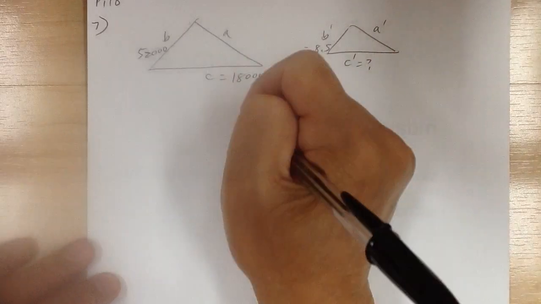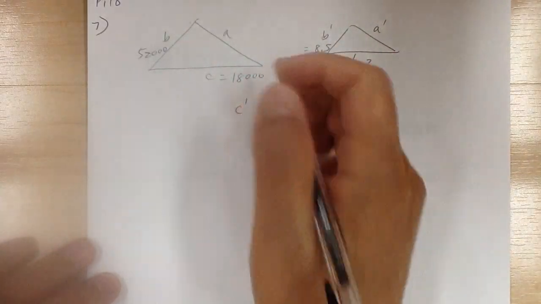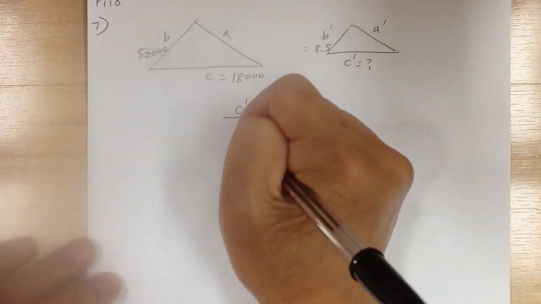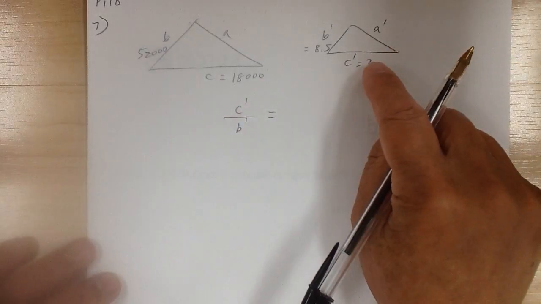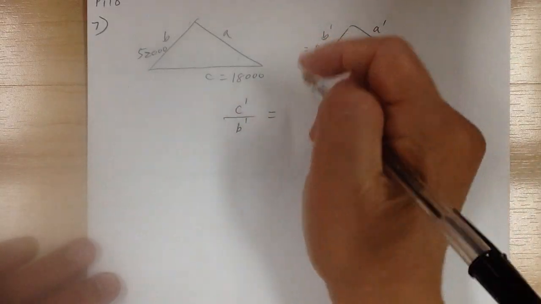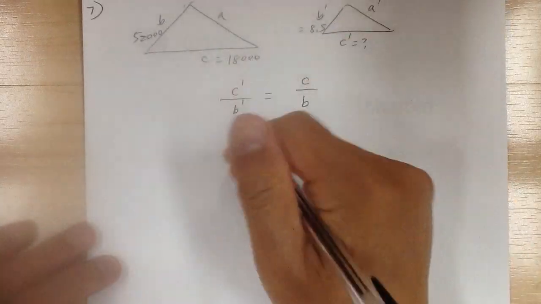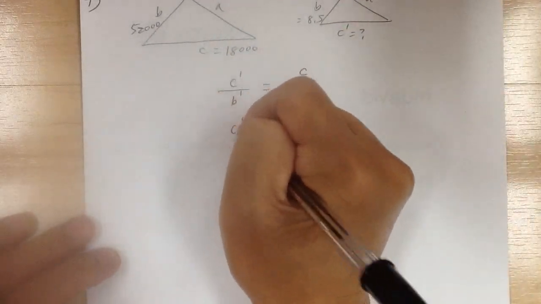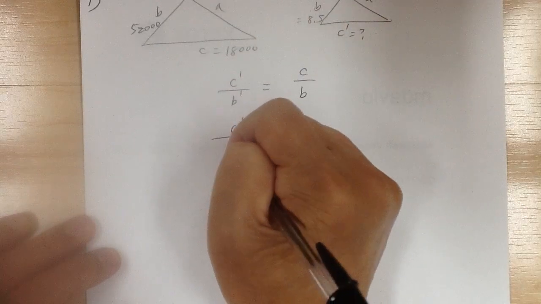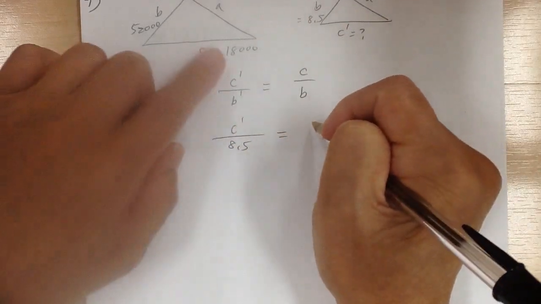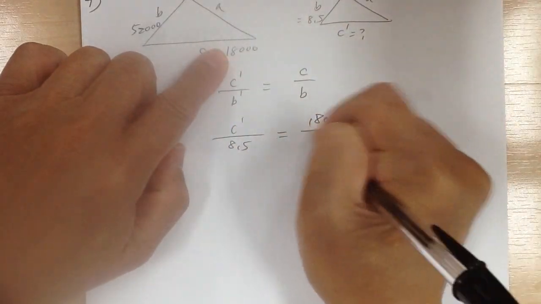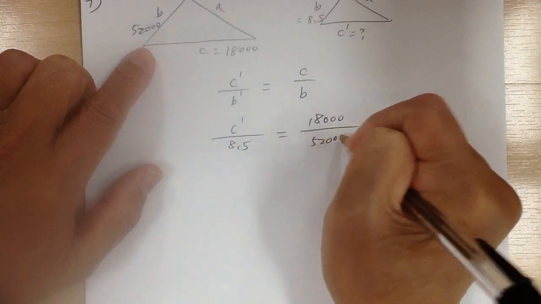So whatever you're looking for over what is given. Again, you have to use what you're looking for and what is given. So you've got C over B, and you can just match it up. Then you substitute: C prime over 8.5 equals 18,000 over 52,000.